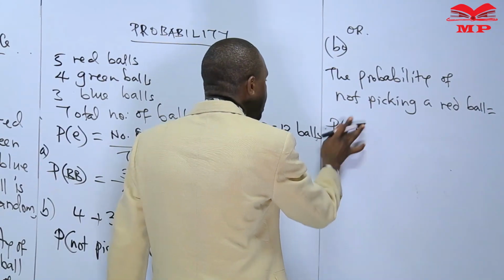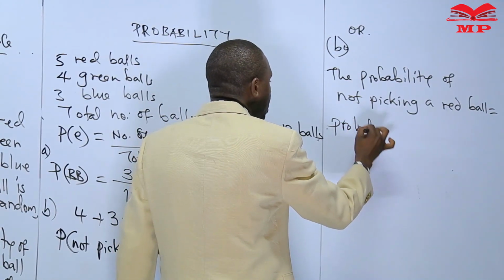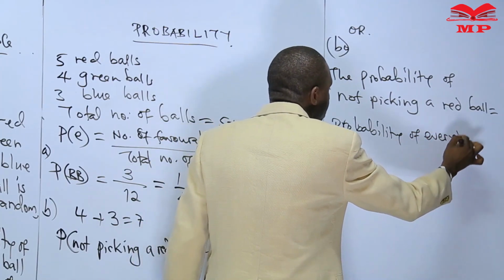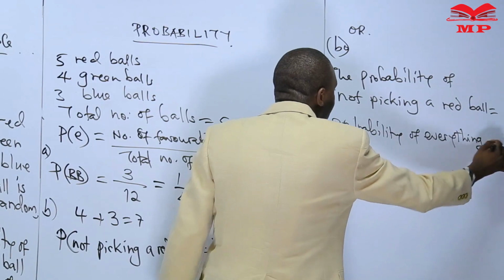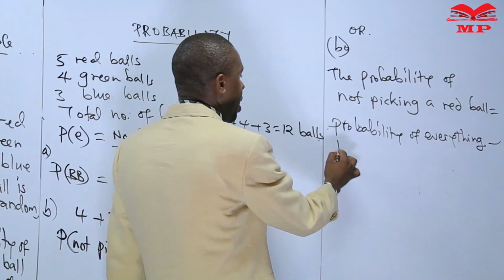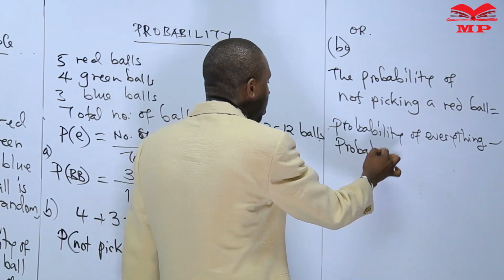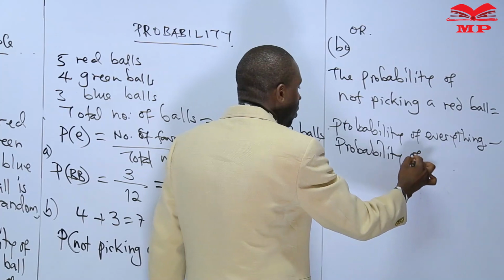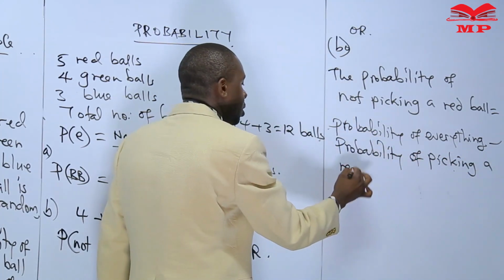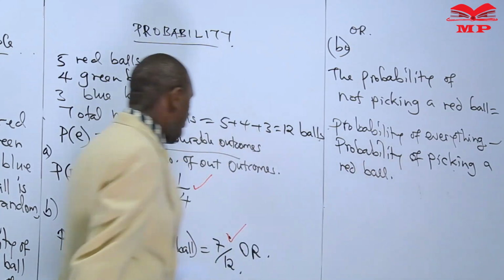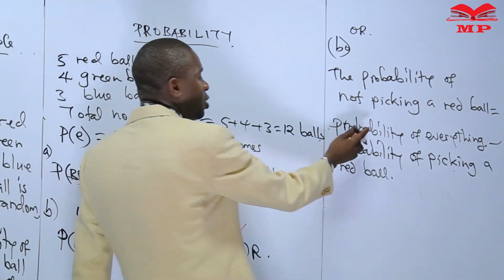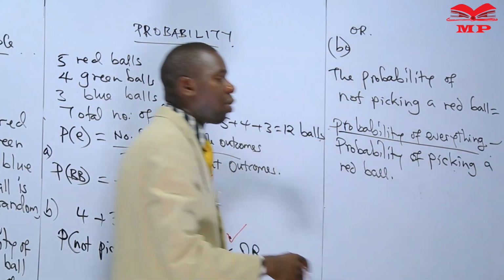So this is the probability of everything minus the probability of picking a red ball.